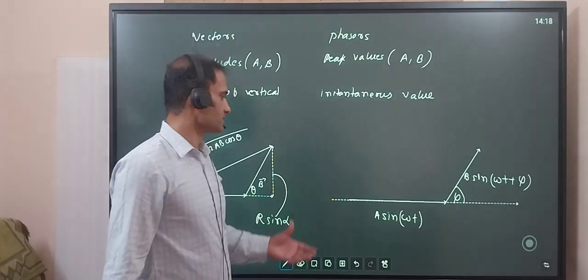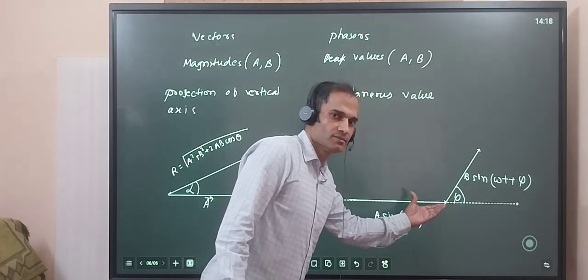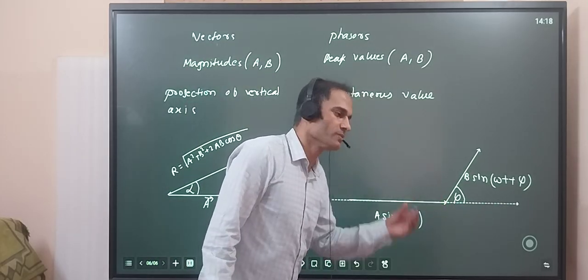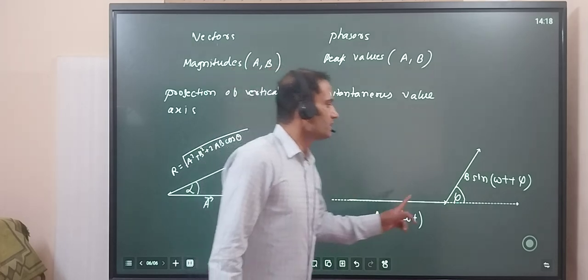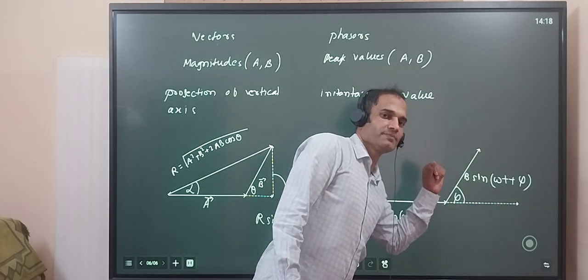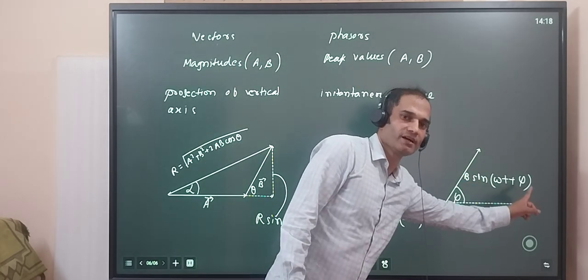So we have two phasors: A sin omega t, let us say omega t is 0, and B sin(omega t plus phi), so basically B sin phi.